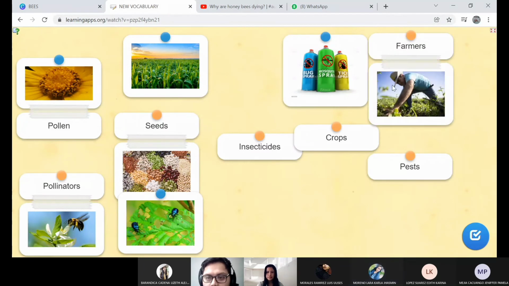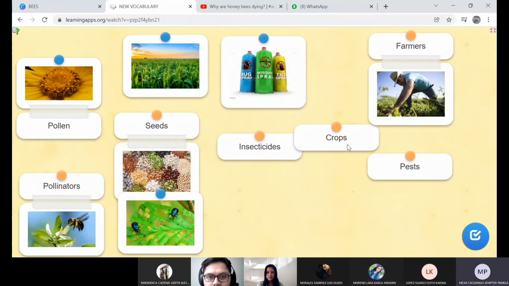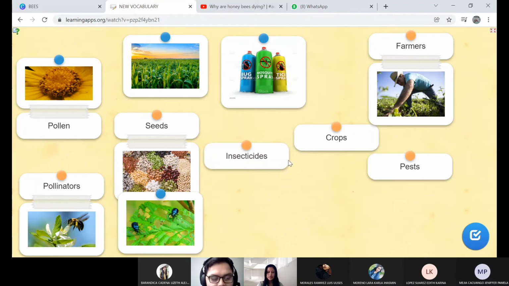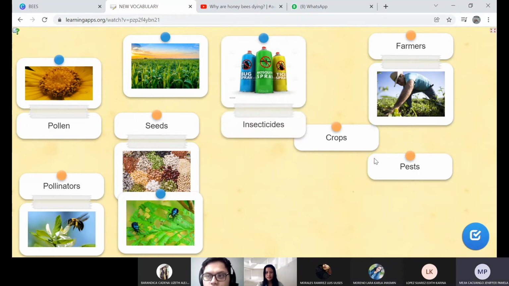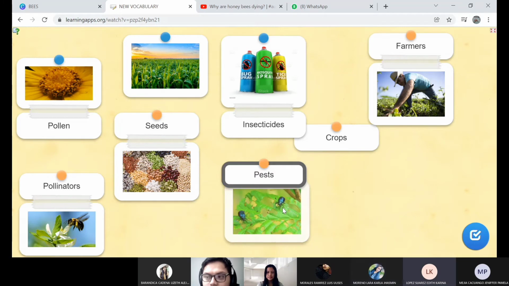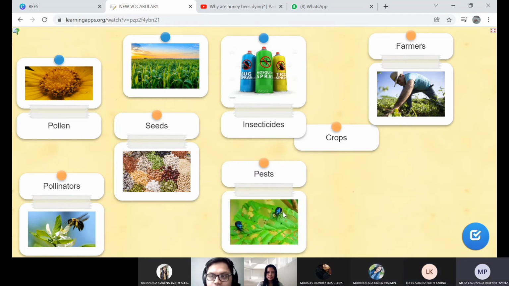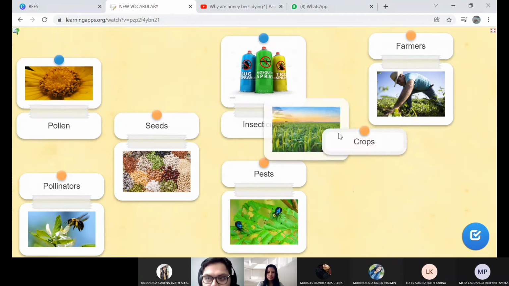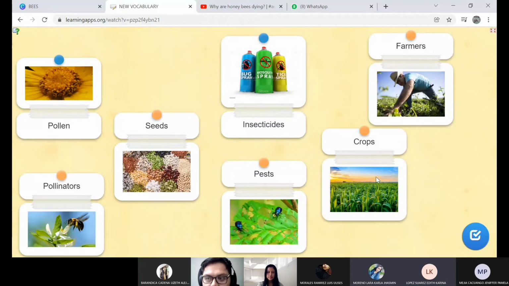Farmers. Now, insecticides. Insecticides. Now, pests. Pests. Thank you, guys. And the last one, crops. Crops. Okay, thank you. Well done, guys.